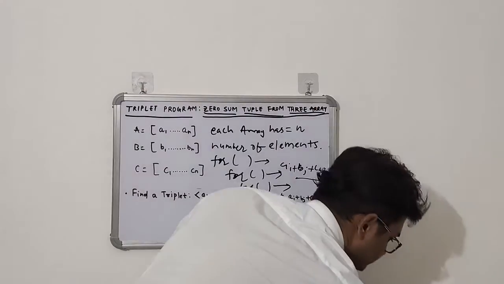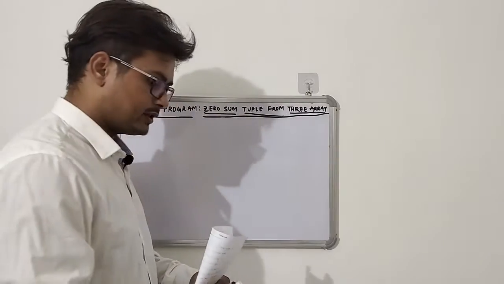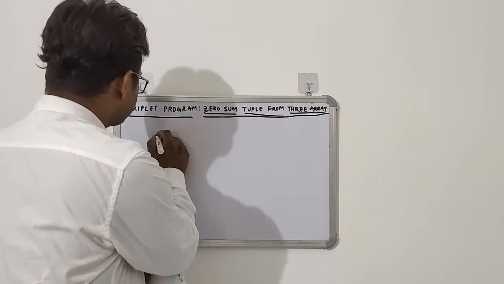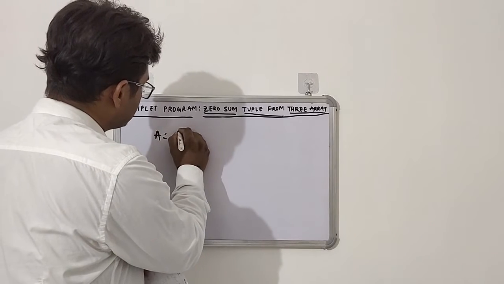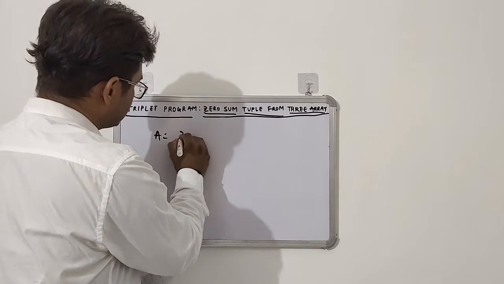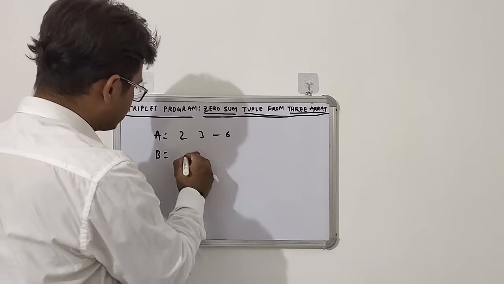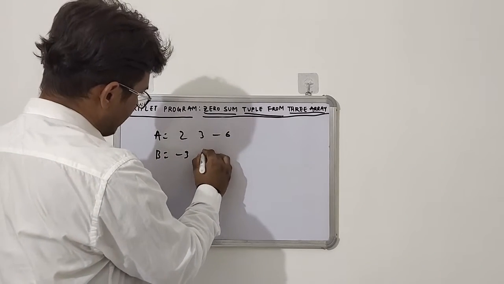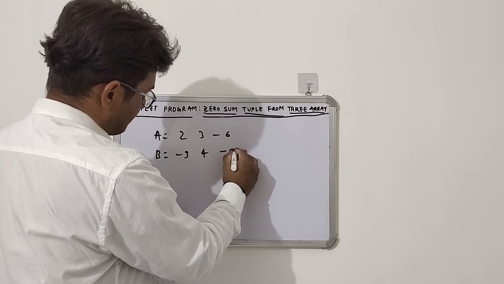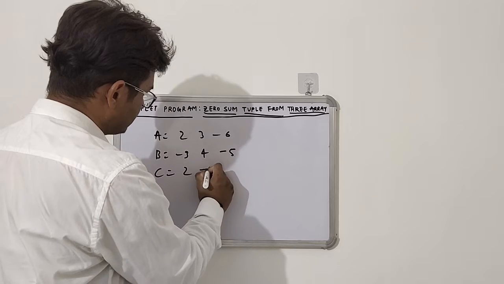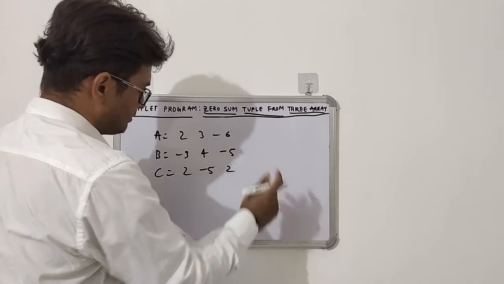Okay, now I will first take an example. First let me write the example. Suppose we have array A, it contains 3 elements, and array B also contains 3 elements, and array C also contains 3 elements, right?